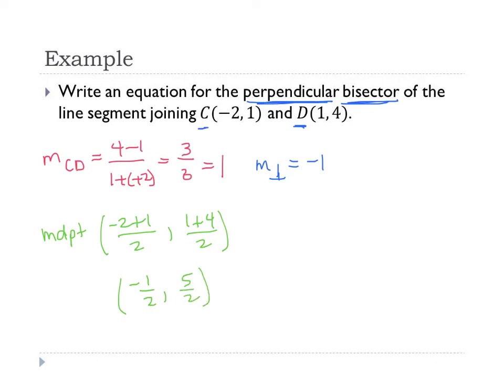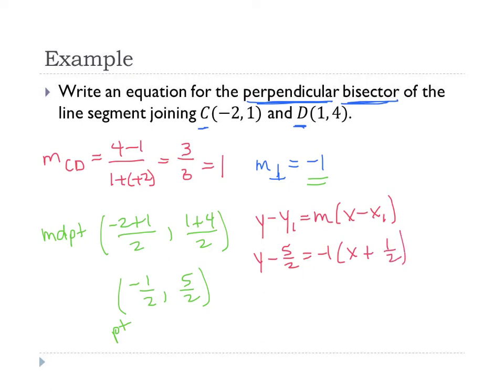So if I have a point, here's my point, that's my midpoint, and I have a slope, I can write the equation of a line if I want to use point-slope form. So remember point-slope form. Okay, and so it's going to be y minus 5 halves equals m times x minus a negative 1 half, so I'm going to do plus.